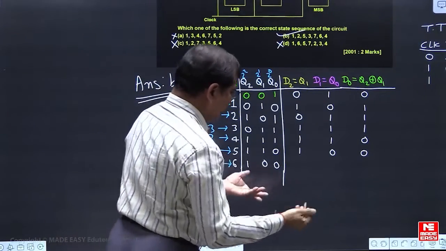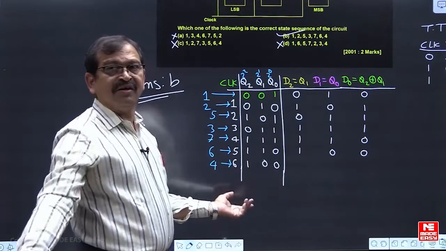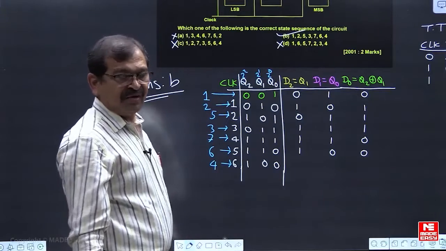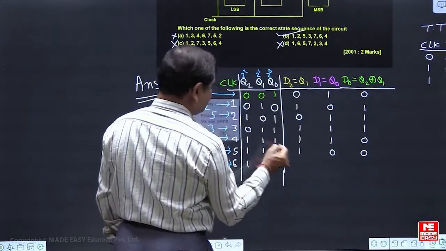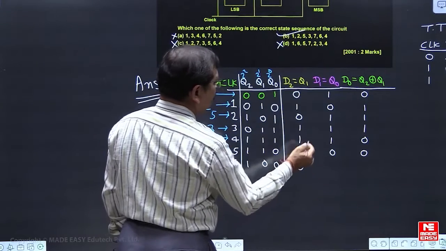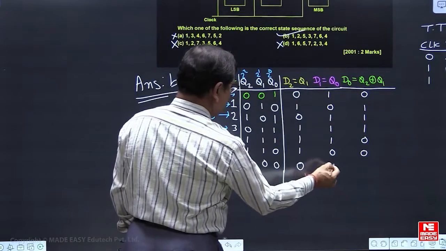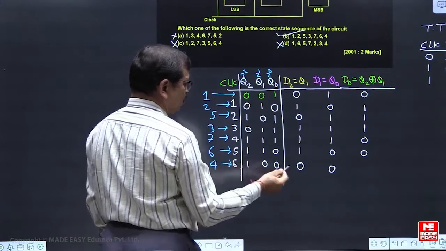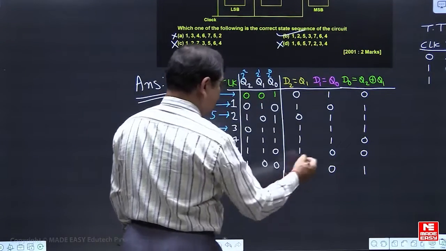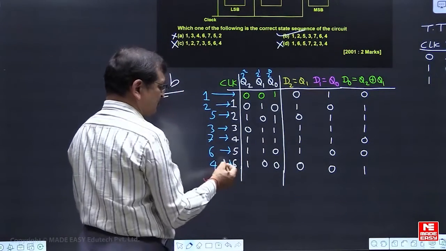If you have further interest, you can see Q1 is here 0, Q0 is 0, and XOR between Q2 and Q1 is 1. So these are the respective flip-flop inputs after the 6th clock pulse.